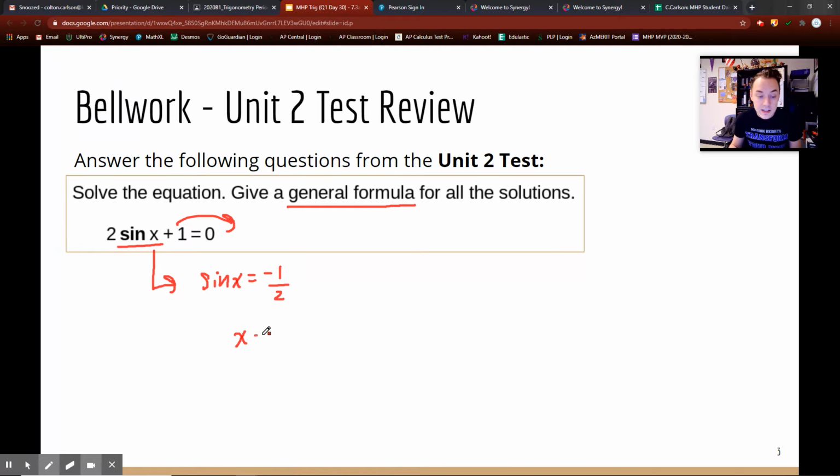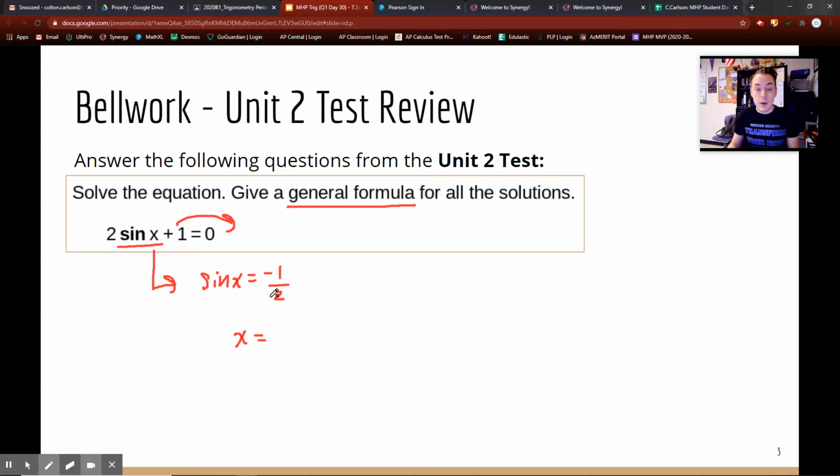This means x equals, I'm going to be looking on my unit circle or my trig table of common elements. Remember, this is what the trig table of common elements looks like. This is what the unit circle looks like. Both are on Google Classroom, just in case you didn't know that or you forgot. You should probably know that because it's very, very important. I'm going to look, where does sine, my y coordinate on the unit circle, equal -1/2.